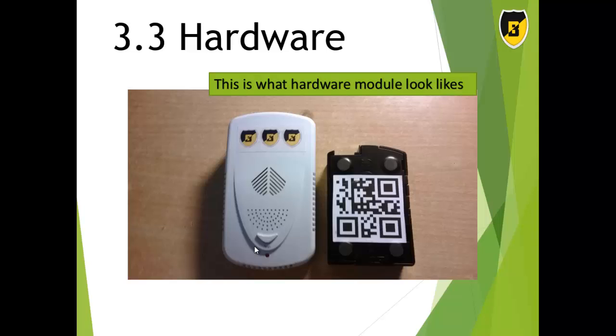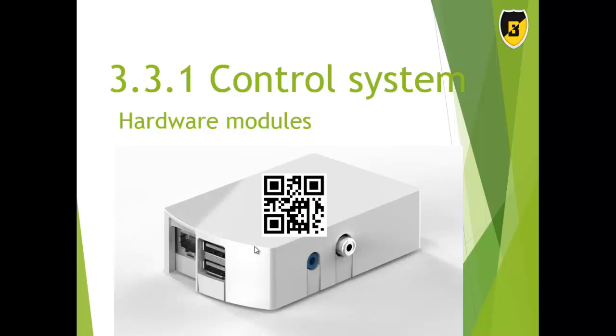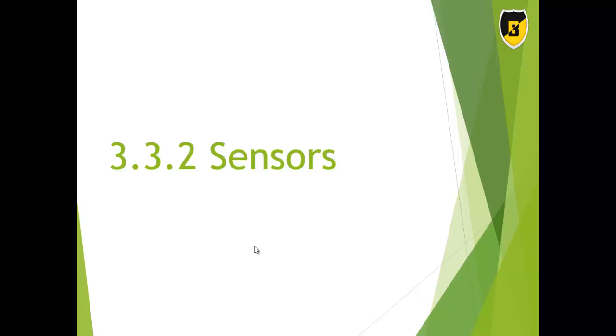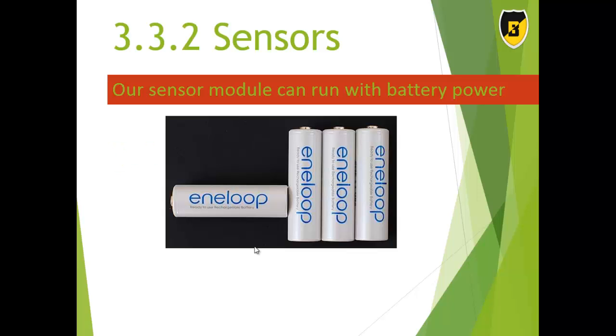This is what the hardware module looks like. We provide many sensor modules, and the user can choose what kind of module will be installed in their house. Our system has gas, temperature, and air quality sensor modules.